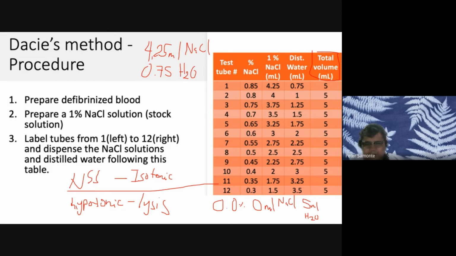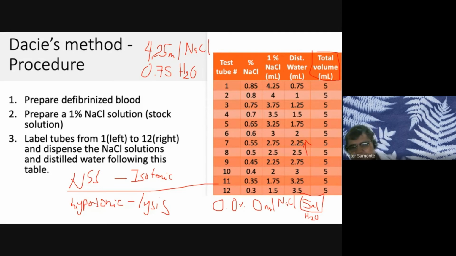Now, why is it 0.0? Let's look at the table, class. Did you notice, as you go down, as the percent NaCl goes down, the sodium chloride volume also goes down. So if this reaches 0.0, it is expected that you have 0 ml NaCl. But your distilled water, class, as the percent sodium chloride decreases, increases. So it is expected that at the end of this, you would have 5 ml H2O.